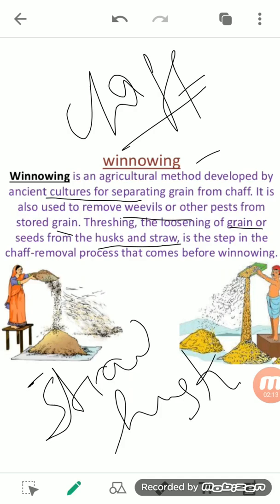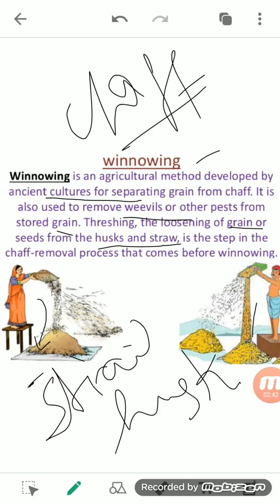The grain, which is the heavier one, comes and gets placed here, and the chaff, which is the lighter one, gets blown away and falls a little bit away from the grains.